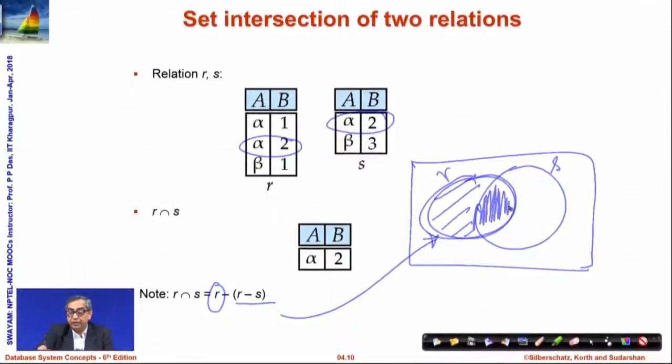This is what will be remaining. So, if I subtract R minus S from R, then what will remain is necessarily the intersection, R intersection S. So, set intersection is not a fundamental operation of relational algebra, but can be used because it can be expressed in terms of set difference.